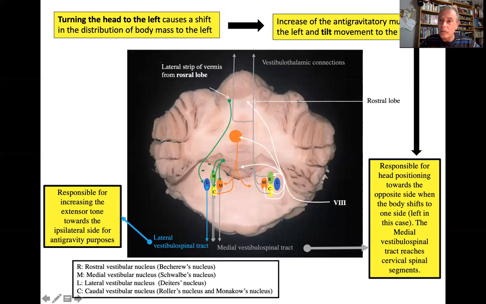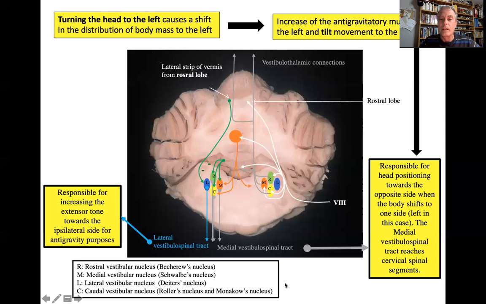The medial vestibulospinal tract, from the rostral, caudal, and medial vestibular nuclei, is responsible for this tilt movement to the contralateral side. These are responsible for the turning of the head towards the contralateral side.